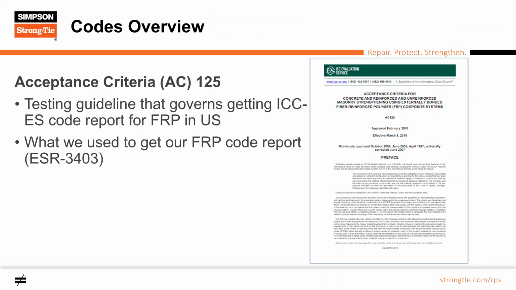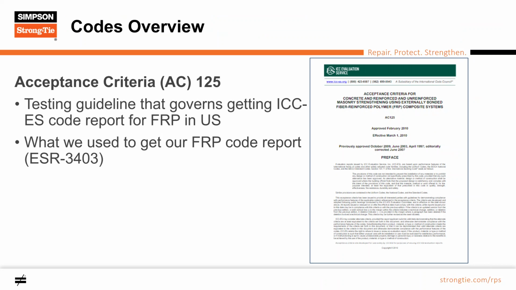So acceptance criteria are what the ICC ES, the International Code Council Evaluation Service, are in charge of. AC is short for acceptance criteria, and AC 125 is the document that we had to perform our FRP testing to in order to obtain a code report.